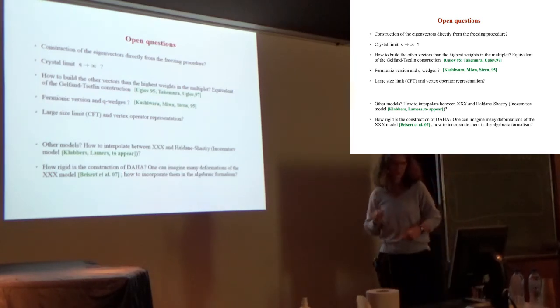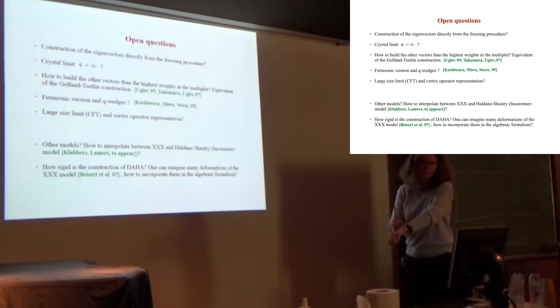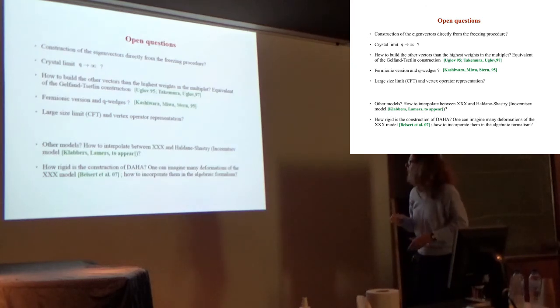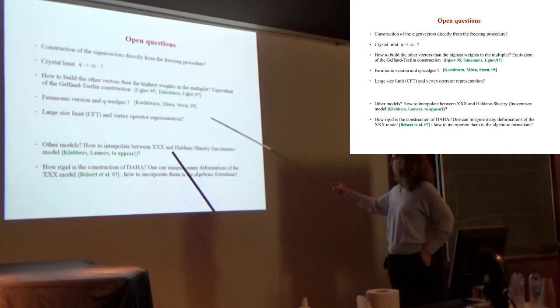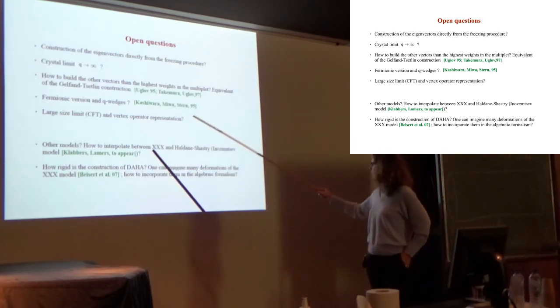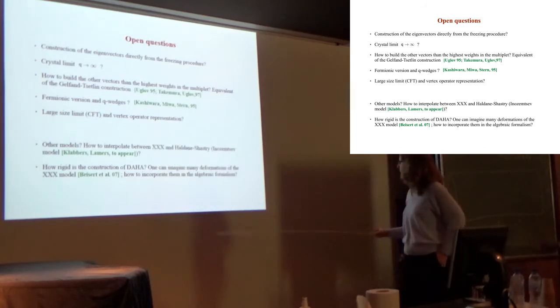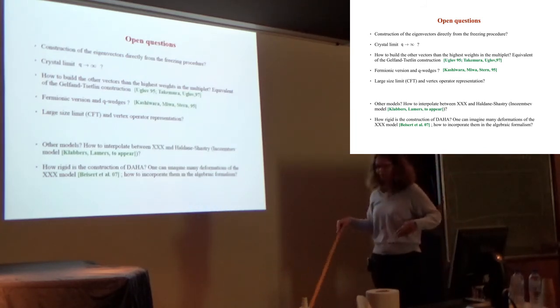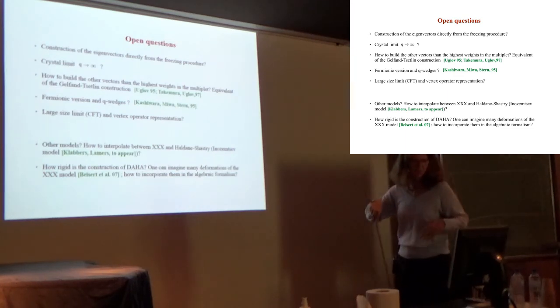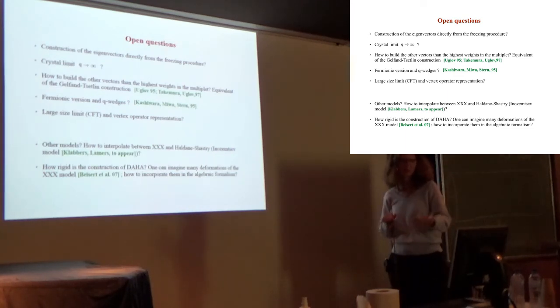And of course, it's interesting to understand there are other models which are interpolating between. So now, in what concerns the non-Q deformed, the Q equals 1 version, there is a model which interpolates between XXX and Haldane-Shastry. It's the Inozemtsev model, and there the symmetry is not so big as in Haldane-Shastry, but it's still a long-range model.